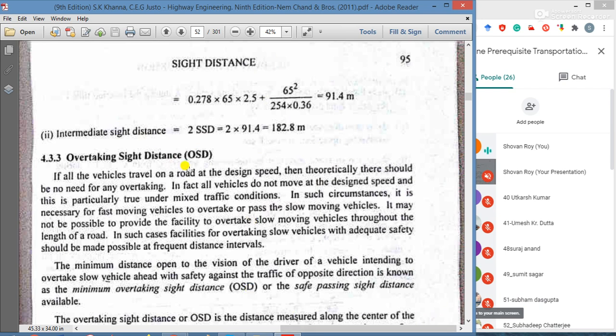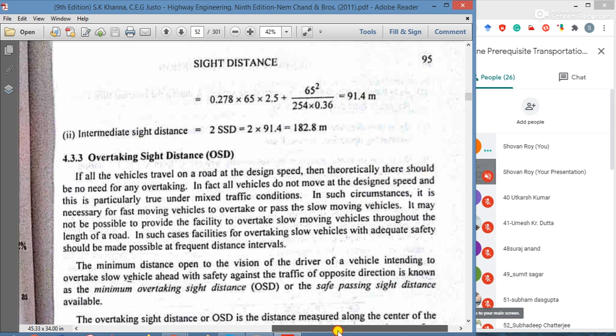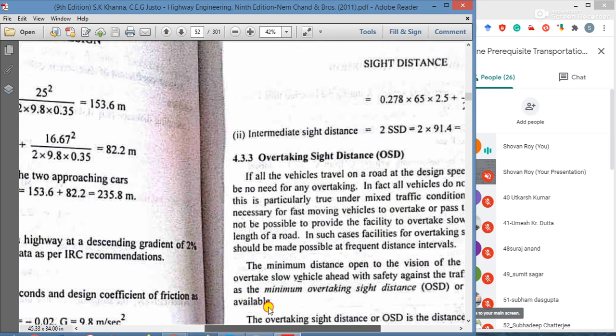Nothing is different in this calculation between stopping sight distance and headlight sight distance. Now the intermediate sight distance is 2 into the stopping sight distance. Our stopping sight distance or headlight sight distance is 91.4 meters, so the intermediate sight distance is twice that, 2 into 91.4, which is 182.8 meters. Basically, if you can calculate the stopping sight distance, you can calculate everything.